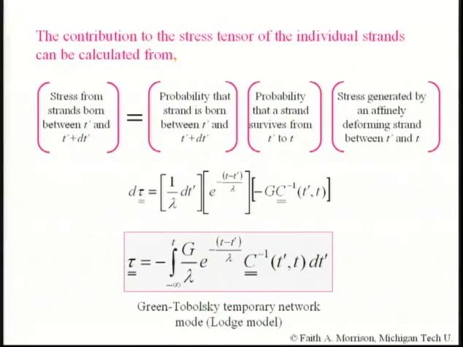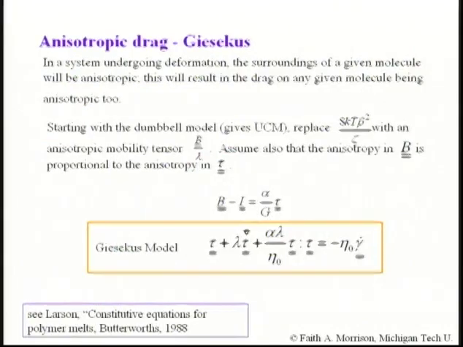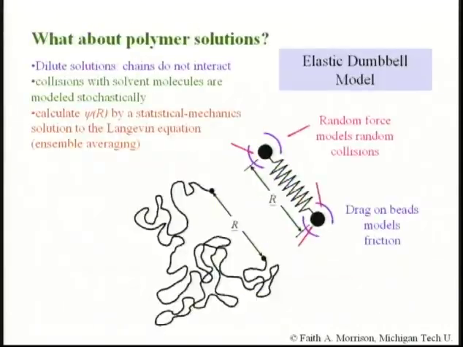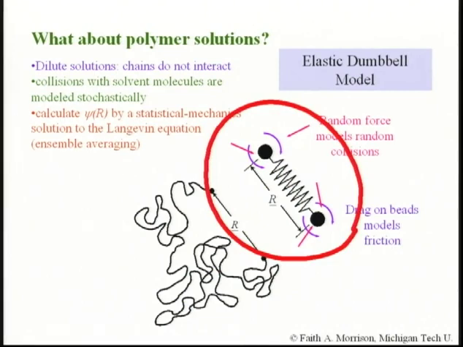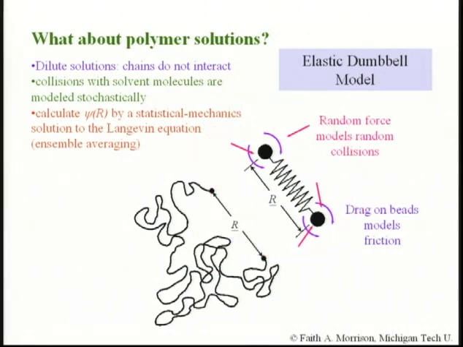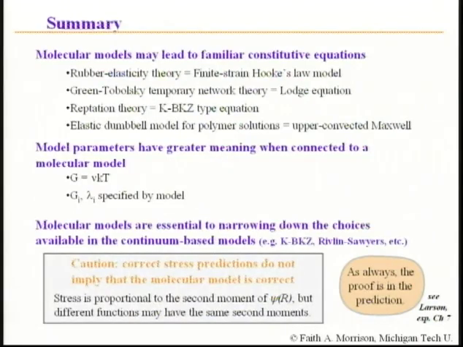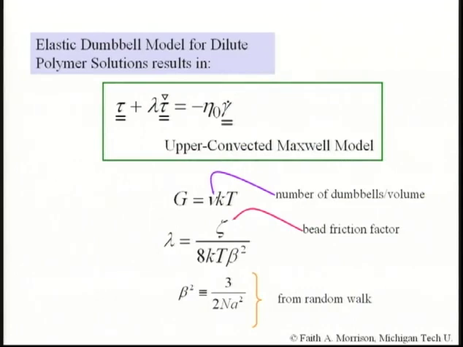Now, before we get too excited about that, it turns out, I'll skip a few other things, that for polymer solutions, if we model polymers as an elastic spring with some drag on the ends, these balls on the spring, and we do the statistics on those, we get the Lodge model again.